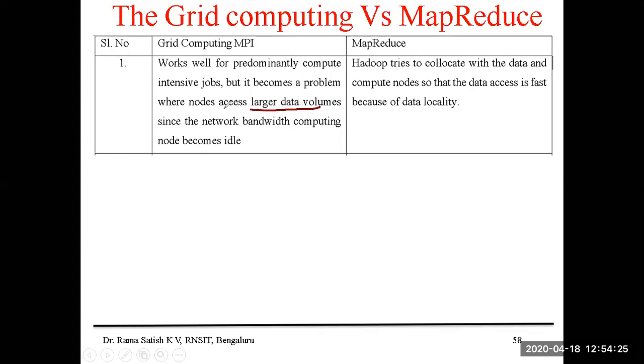When working with large volume data, the network bandwidth makes the nodes idle. That is the first point. Whereas in the case of MapReduce, Hadoop tries to collocate the data and compute nodes so that data access is fast, because of data locality.